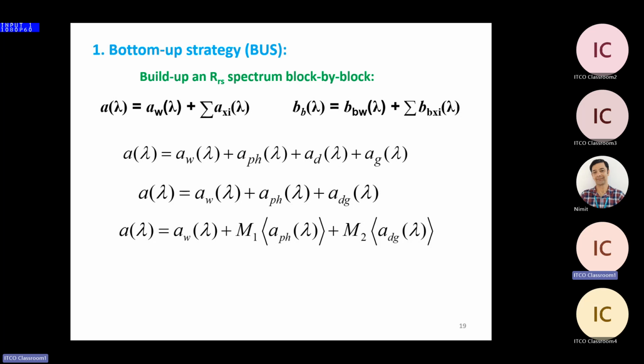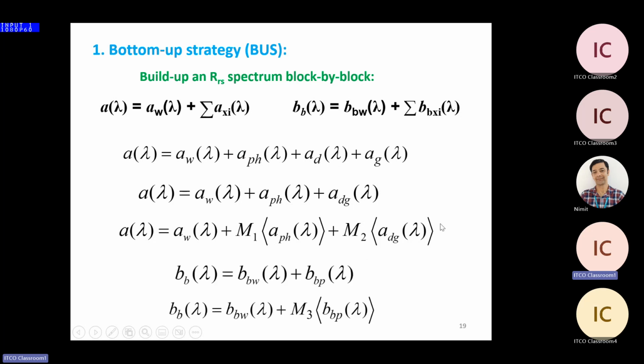Spectral shape means when we know the shape, then the APH spectrum becomes one variable, because band to band, they are related. So when knowing one band, that means we're knowing other bands. So that's why I have this M1, basically it's a magnitude. This is a shape. Same thing here, M2 is a magnitude, and this ADG is a shape.